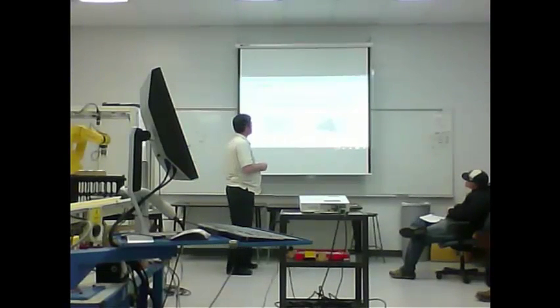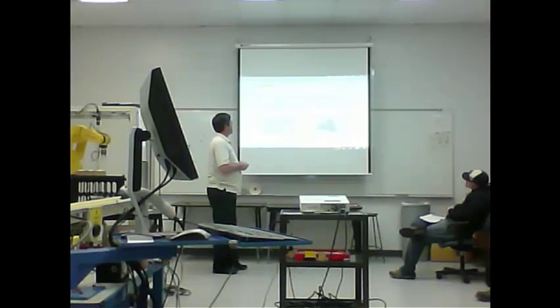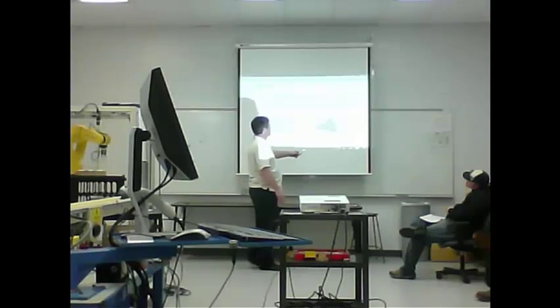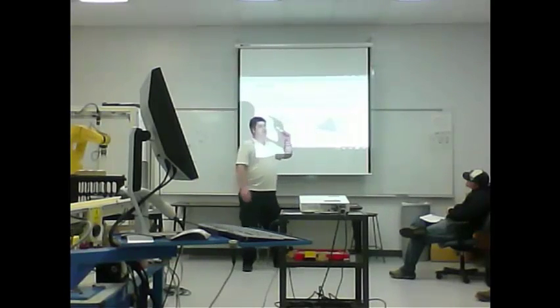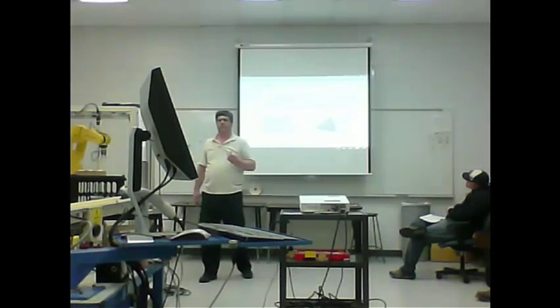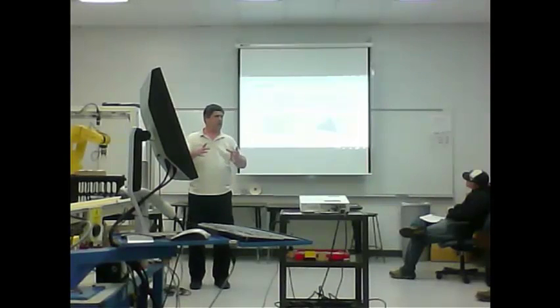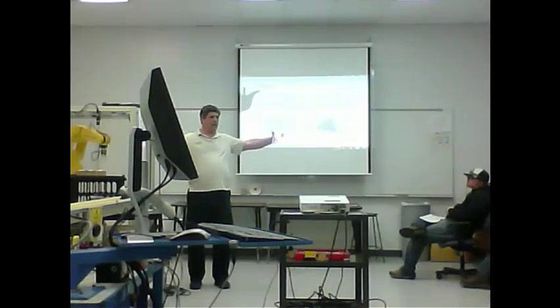Okay? What makes that important is your field of view, the size of the picture you take. For instance, if your camera's really far away, there's your field of view. If your camera's really close, you have a smaller field of view.